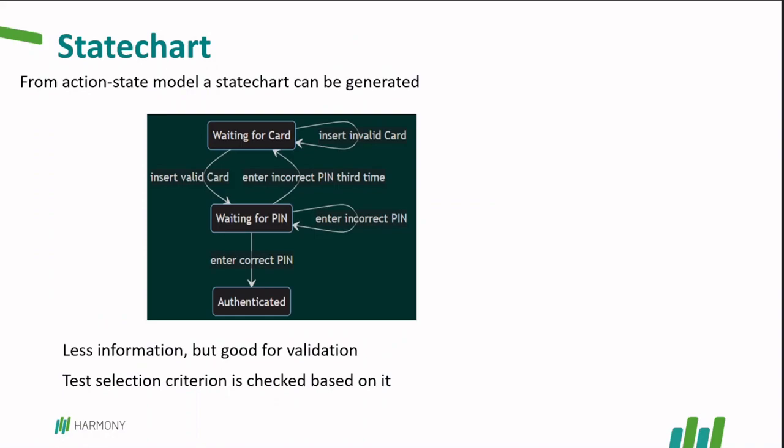It's an advantage that from the textual action state model, the tool Harmony can generate the state chart. Obviously, this state chart consists of less information, but it's very good for validation because you can detect if some action is missing. And this graph is also used for choosing a test selection criterion.